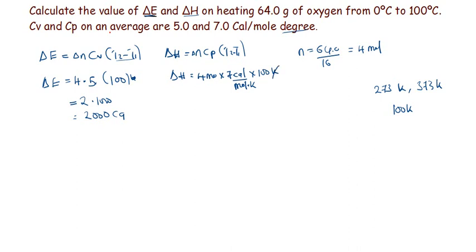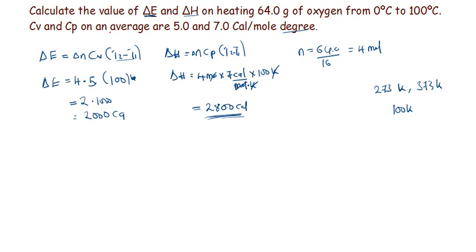So Kelvin and Kelvin go, and moles and moles go. That's the reason why we remain just with calories. So you multiply 4 times 7 times 100. That will give us 2,800 calories when you punch it on a calculator. So this is the work done by the change in enthalpy. So that is it.